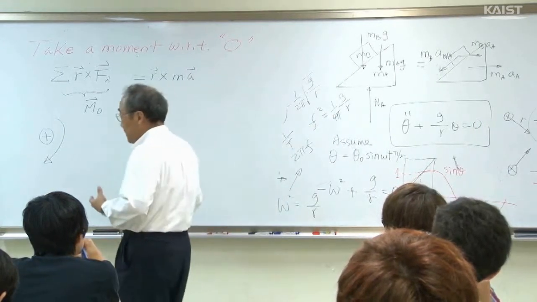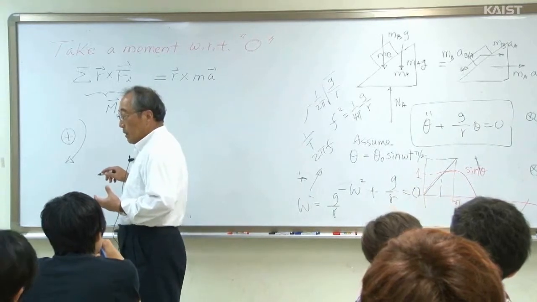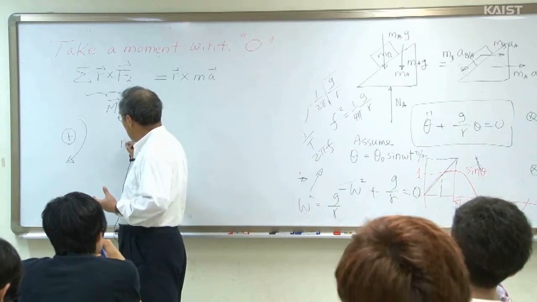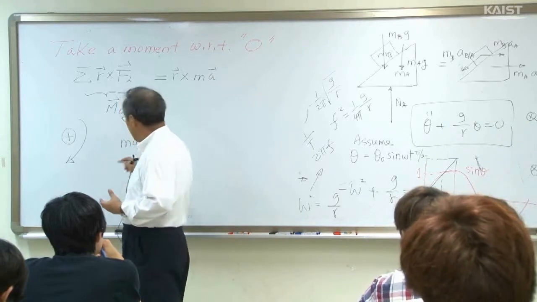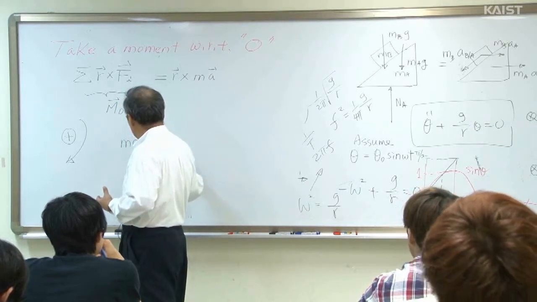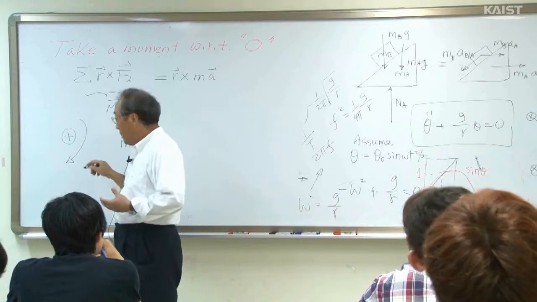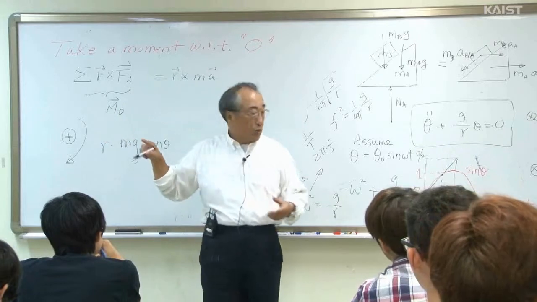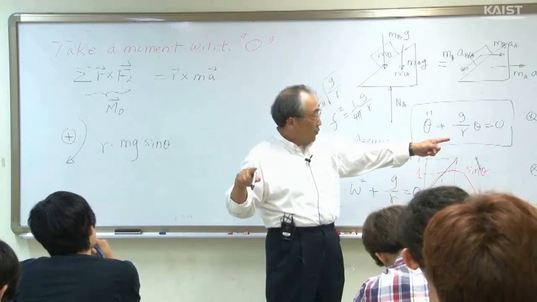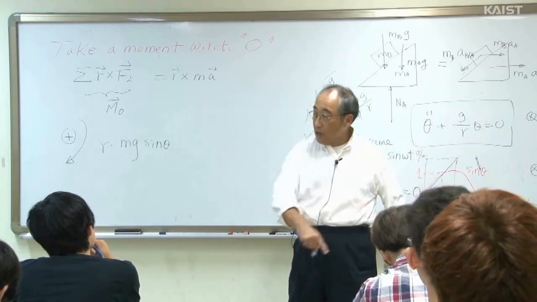Then I have mg sine theta multiplied by r. That is the moment due to the mg sine theta force in this direction.